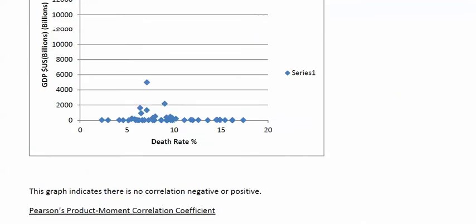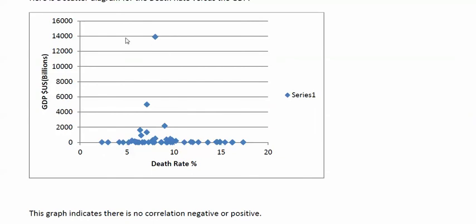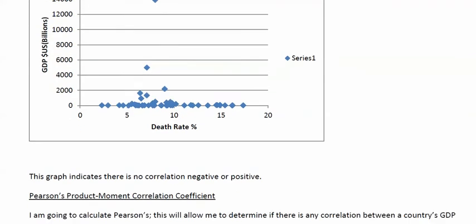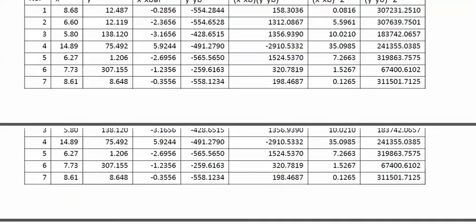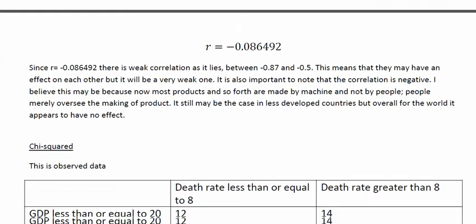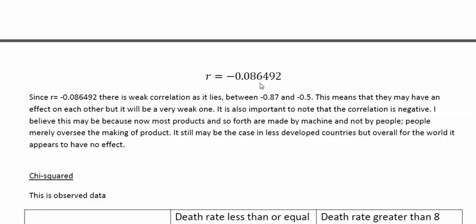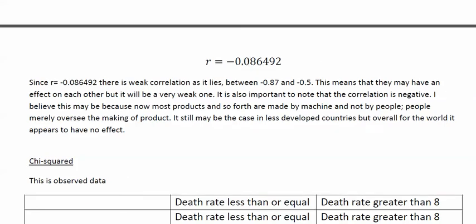Look at that scatter graph here. It's terrible. You've got this outlier right up here and everything is skewed down here, and it doesn't look like anything, and the data scale is all wrong. There's no interpretation, but the Pearson's product correlation coefficient is minus 0.08, so practically nothing.